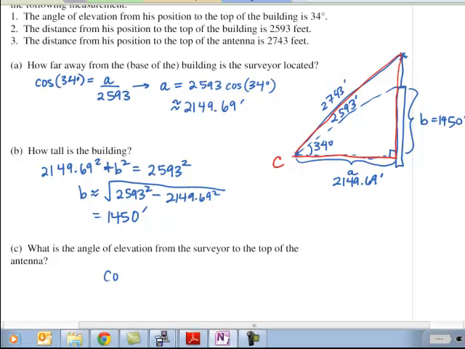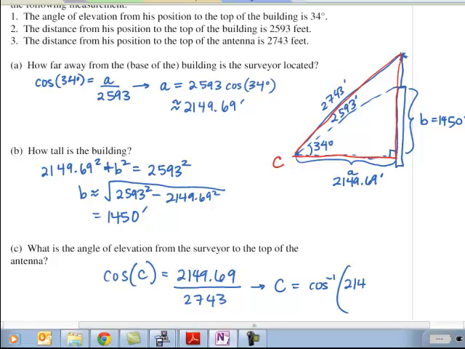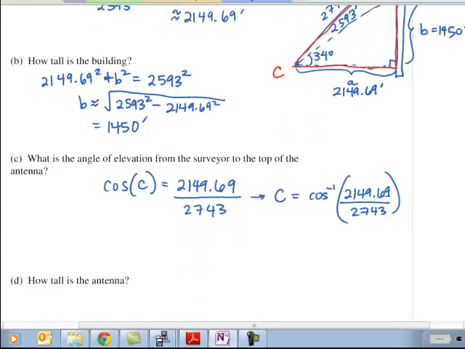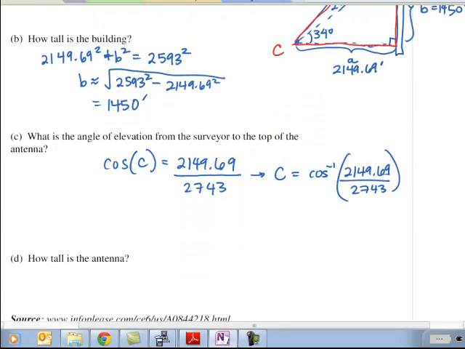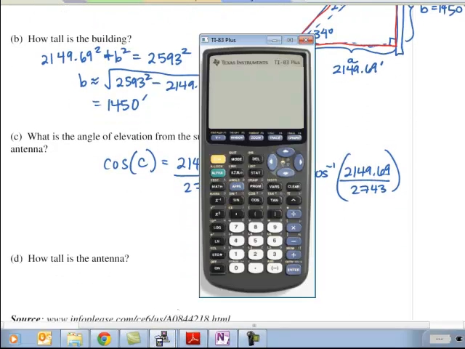So cosine of C would be the adjacent, 2149.69, divided by the hypotenuse, 2743, which means C would be the inverse cosine of that ratio. Again, when we're looking for the angle and we have the cosine value, we want to do inverse cosine to get to the angle itself.